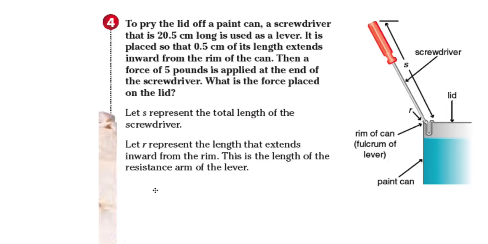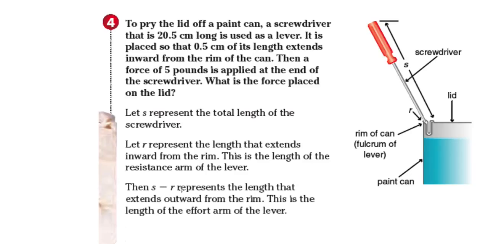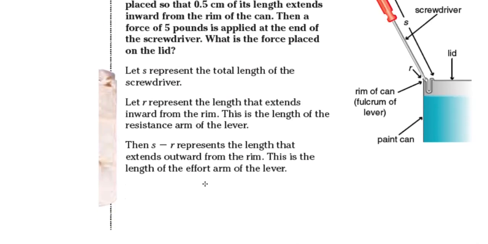So if that is the resistance arm, the effort arm would be S minus R, because again, that's the total length S, and the length of the resistance arm is R. Therefore, the length of the effort arm represents the length that extends outward from the rim. This is the length of the effort arm, which is S minus R.